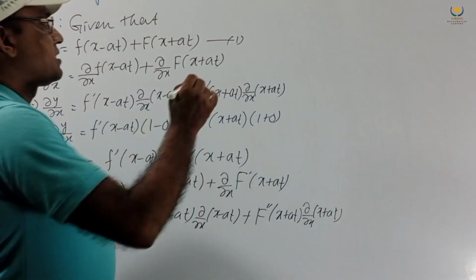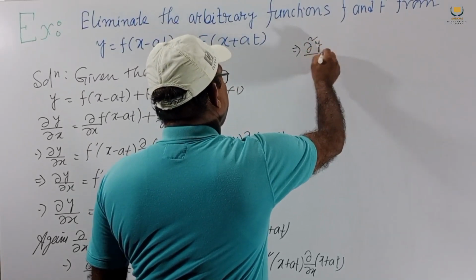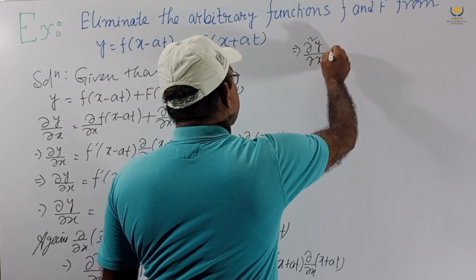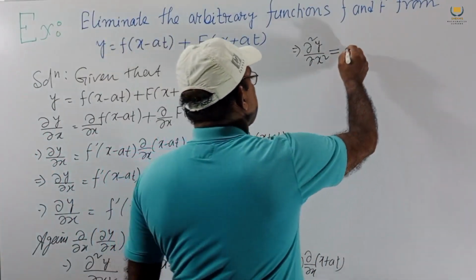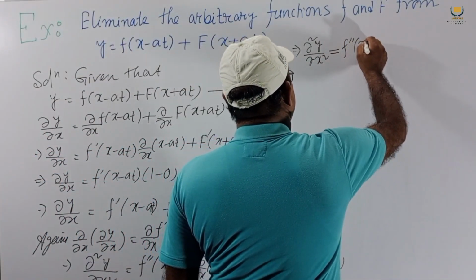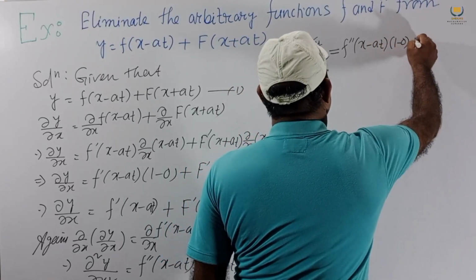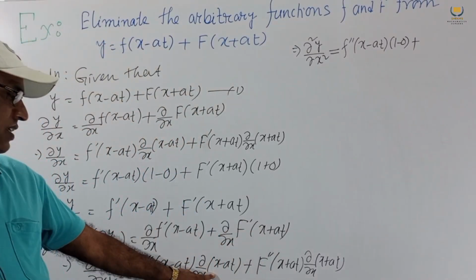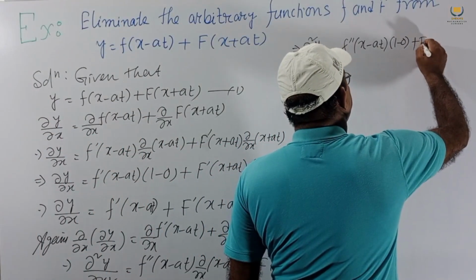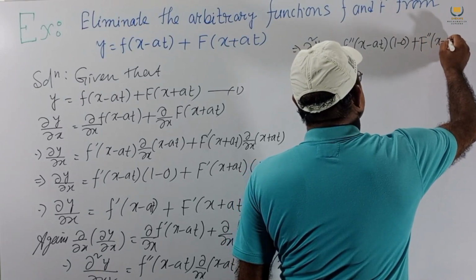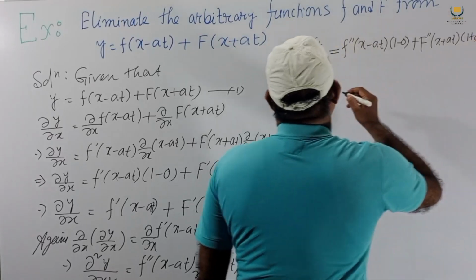So this implies ∂²y/∂x² = f''(x − at)·(1 − 0), where ∂x/∂x = 1 and the other term is 0, and F''(x + at)·(1 + 0).